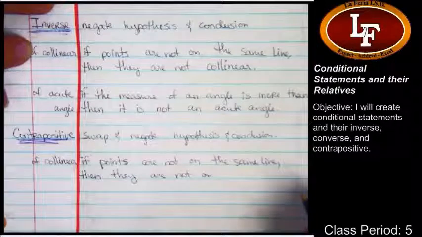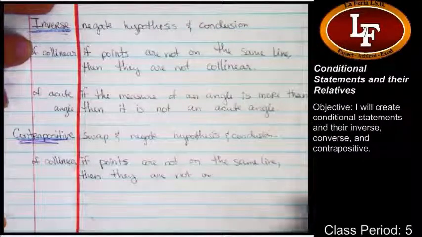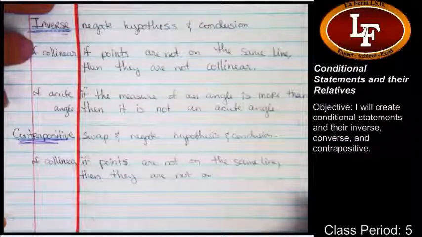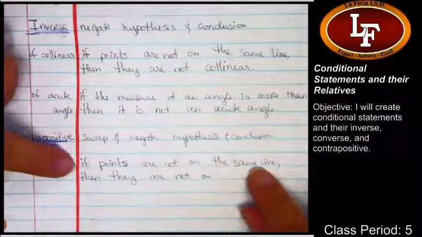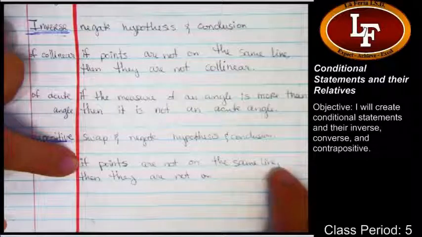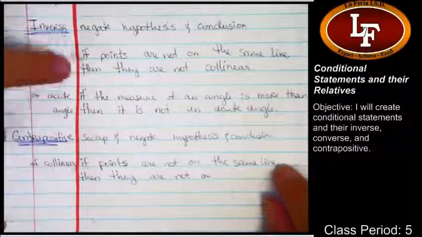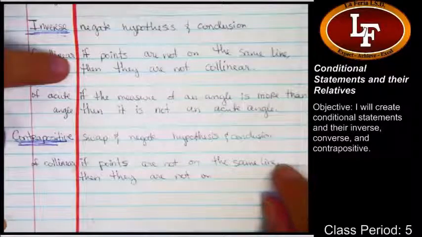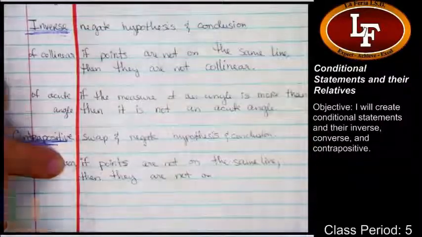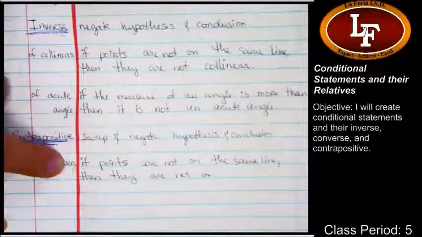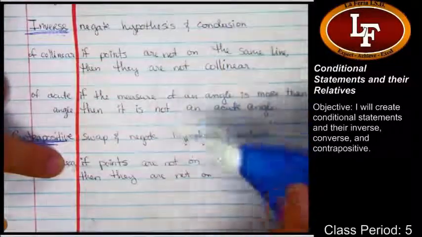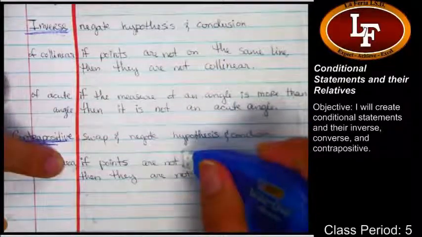Oh, wait. Did I mess this up? If points are on the same line, then they're not on the same line. I totally messed it up, didn't I? Yeah. Okay, so what should have been the hypothesis here? It should have been the conclusion from up here. If points are not collinear.